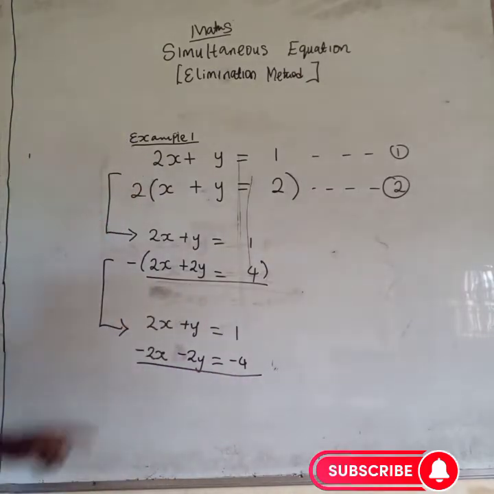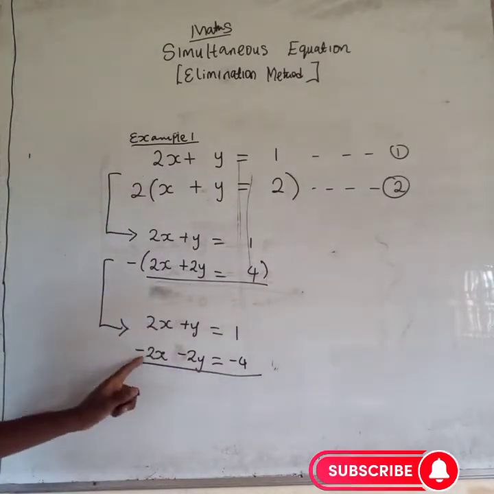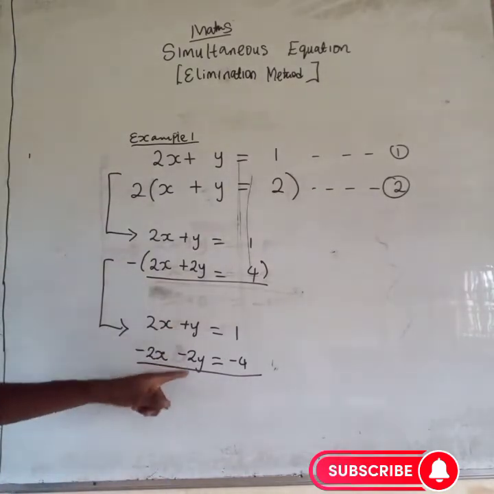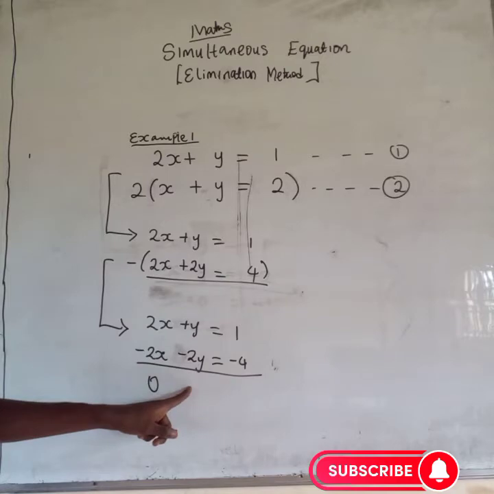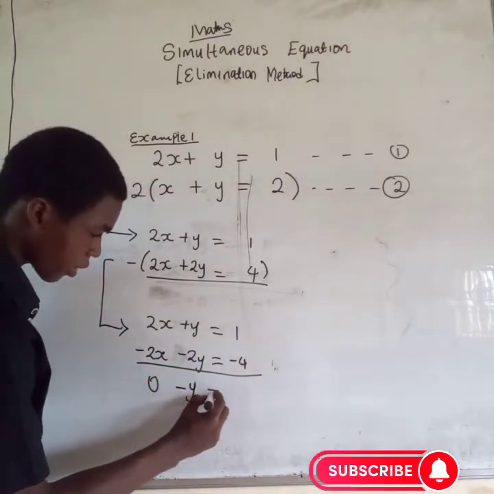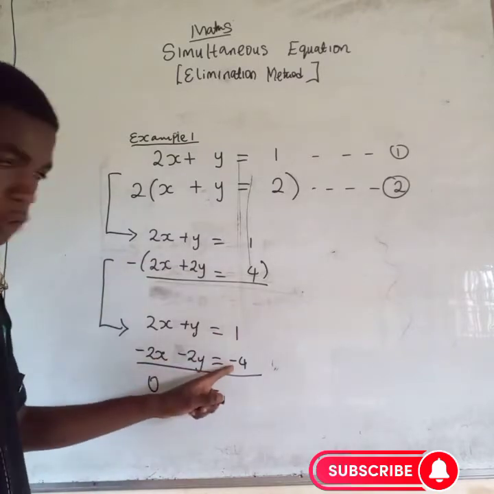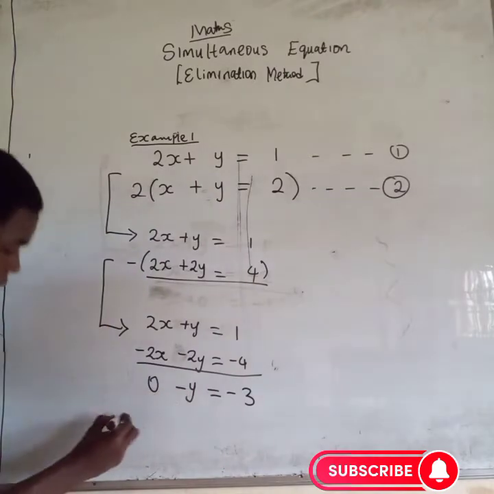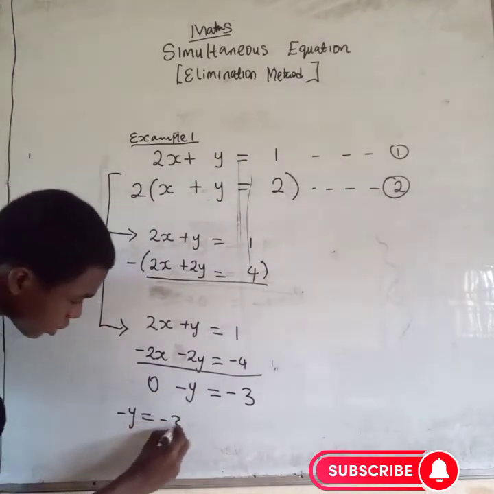What will I do? I add them together. Now, 2x minus 2x is what? 0. Then y minus 2y is what? Is equal to minus y. Minus y equal to 1 minus 4 is equal to what? Minus 3. So from here we have minus y equal to minus 3.